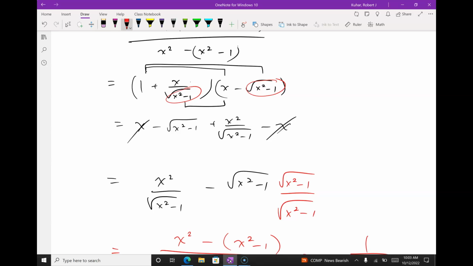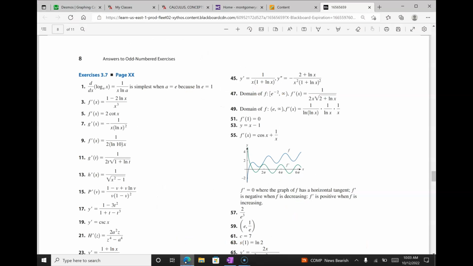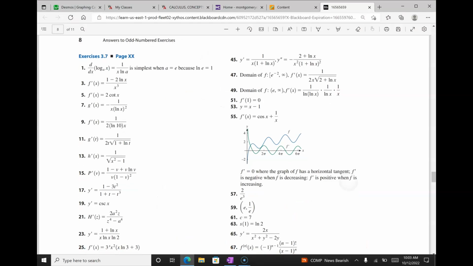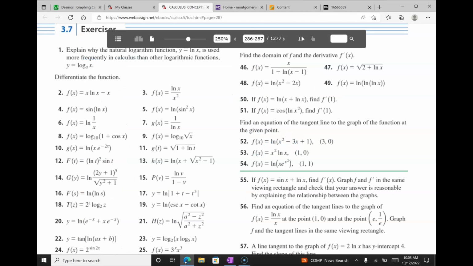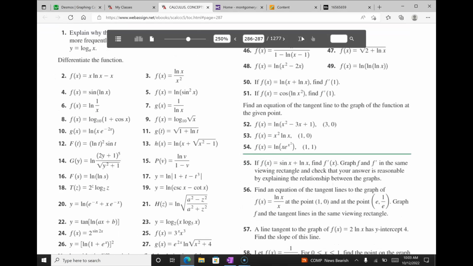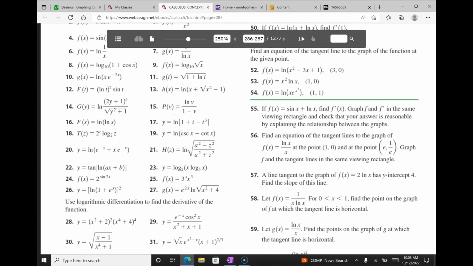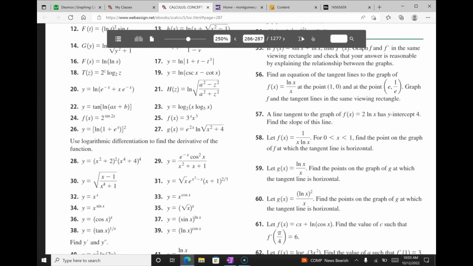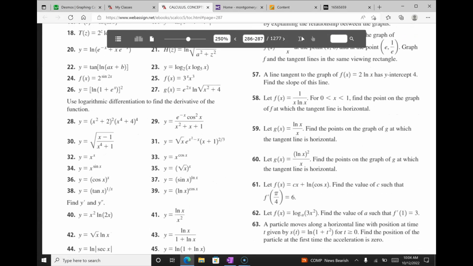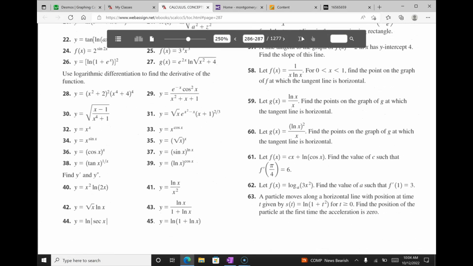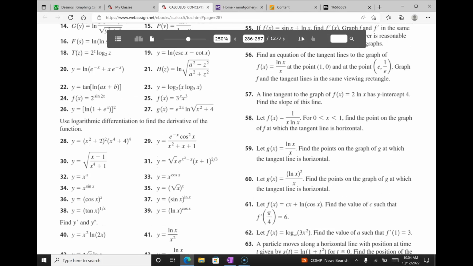Okay, let's do one with the ln trick. Last problem today. So I'm going to the textbook, and I'm looking at number... Where's the one I want?